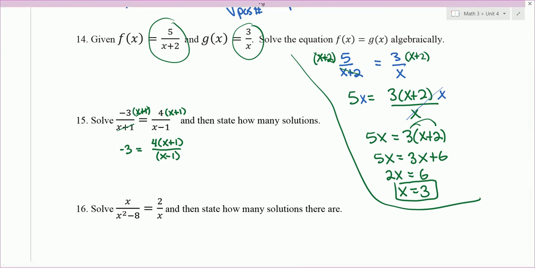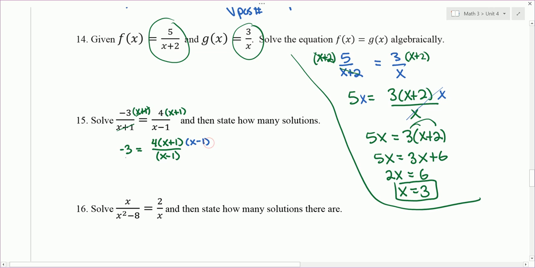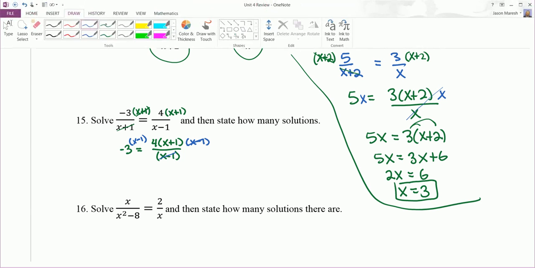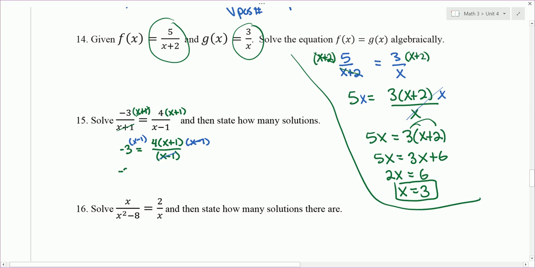Now I focus on the second fraction. I want to get rid of the x minus 1, so I'm going to multiply both sides by x minus 1. And that allows me to cancel out the x minus 1's. So now I have negative 3 times x minus 1 is equal to 4 times x plus 1.